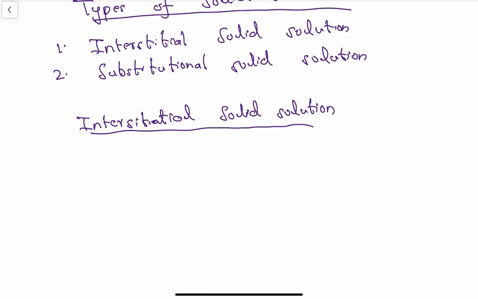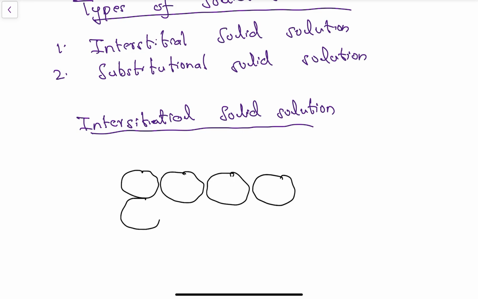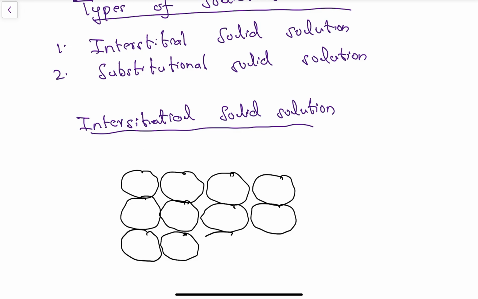Let us draw. Let us take the example of austenite or steel. You have these iron atoms here, and generally we will call these solvent atoms.